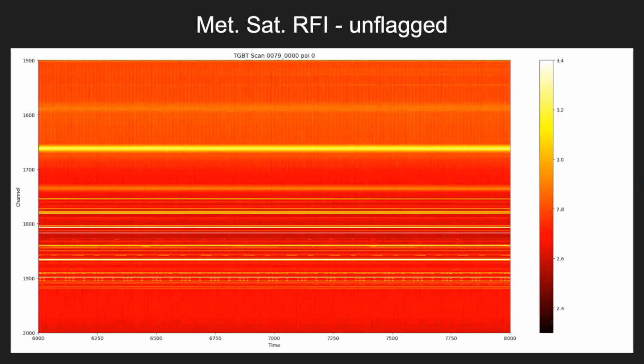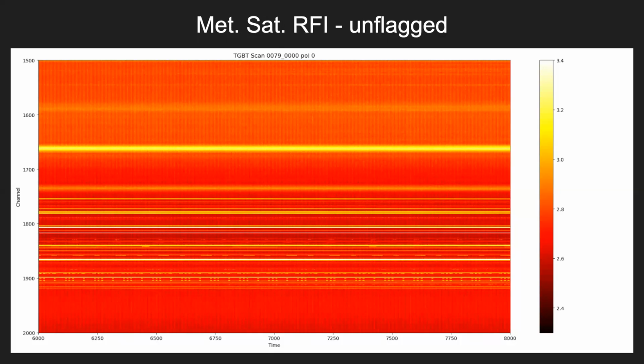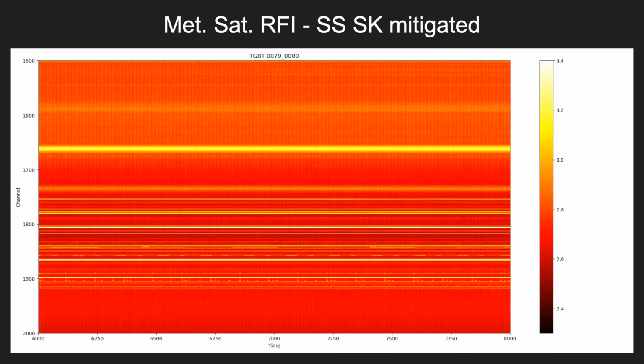Yeah. Here's some of the meteorological satellite RFI that I found in our data. This is the unflagged version. This is somewhere around like 1550 megahertz. This is with single scale kurtosis, which has almost no difference. There's like a little bit down near channel 1900 that gets flagged, and that's it.